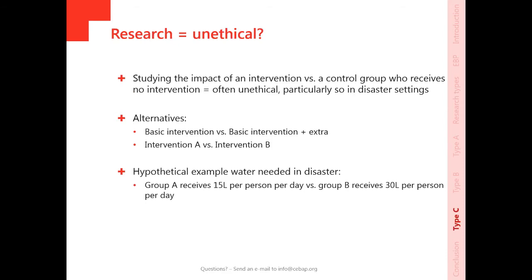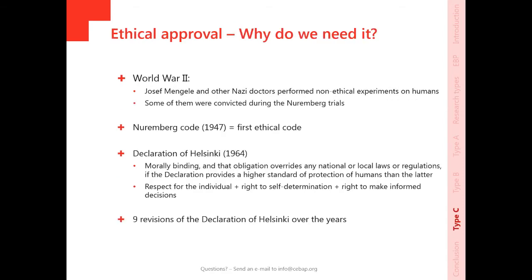In any case, if you perform research with humans, you must always ask ethical approval, and there is an independent committee who will then decide whether or not your study is ethical.